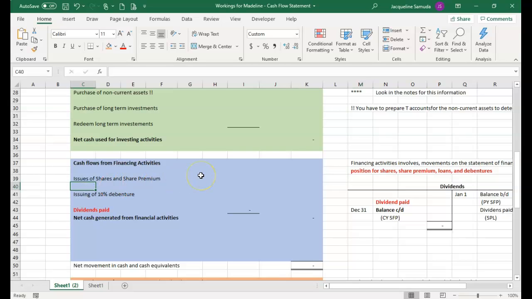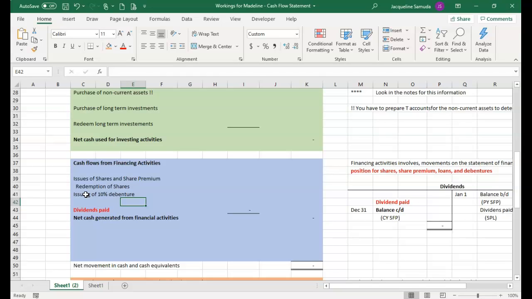I am now going to insert a new line which will apply if a company buys back, if this company redeems its shares. And in this case here, issuing of 10% debentures, when a company issues debentures, what it simply means is that they're giving private individuals a piece of paper.